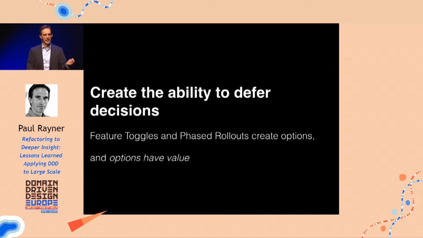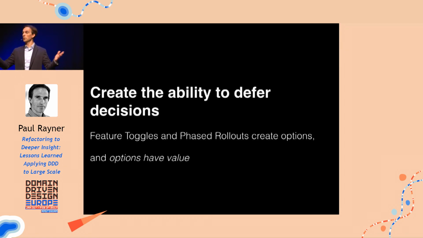One of the things that I noticed, because I'd never really used a feature toggle like this before in the context of a phased rollout, was that what a feature toggle allows you to do, I think, is it creates the ability to defer decisions. In lean software development, they talk about defer commitment as a lean discipline. In the real options literature, they talk about creating options and that options have value.